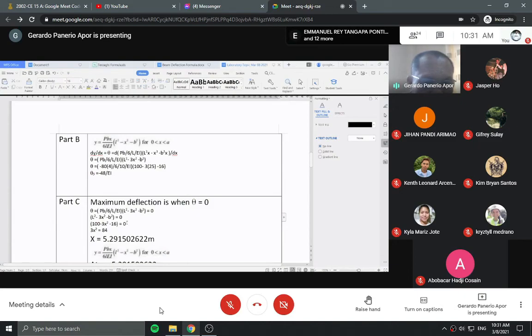If you transpose it to the other side, it becomes 1 over 0, so the denominator is 0. If it is reversed, if you divide by the right term, divide by PB 6L over EI, this value becomes 1. The left side is 0. Okay, sir. Thank you, sir.